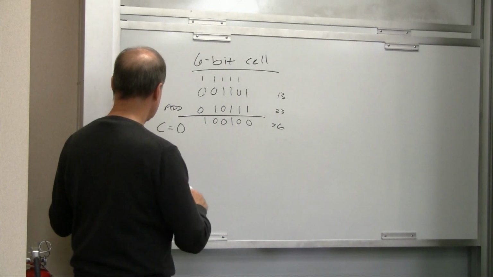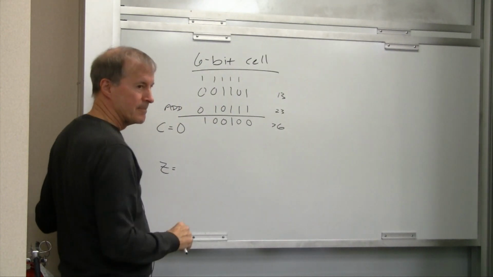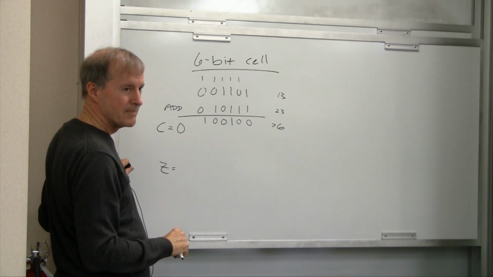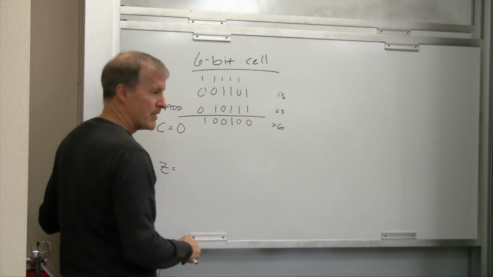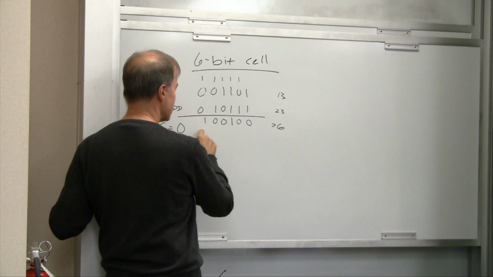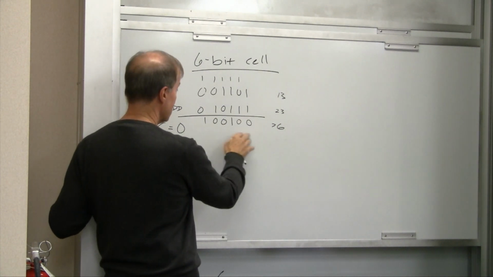There's another bit called the Z bit. What do you suppose Z stands for? Stands for 0. Because look, it would be possible for you to add 2 numbers and get zeros here with a carry out, or you could get zeros here without a carry out.